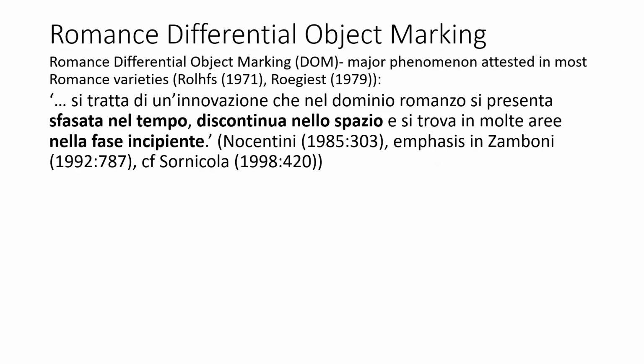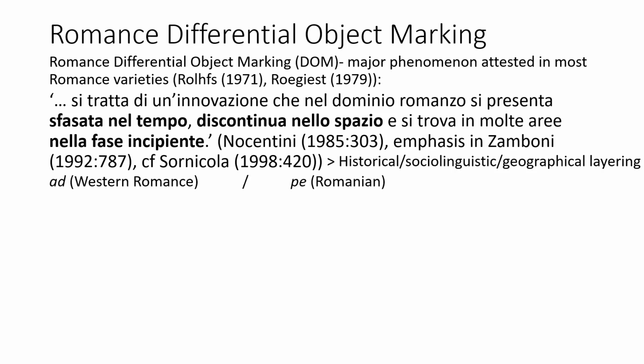A famous quote by Nocentini, I shan't read it out here, but the keywords, as emphasized by Zamboni and also Rosanna Sornicola, are that this phenomenon is layered in terms of time, in terms of space, and it seems to be in an incipient phase in many areas. This entails a lot of layering of different types: historical, sociolinguistic, and also geographical layering.